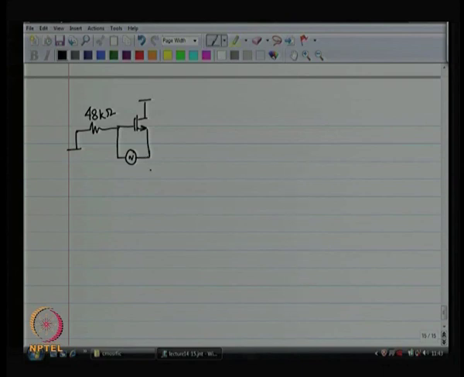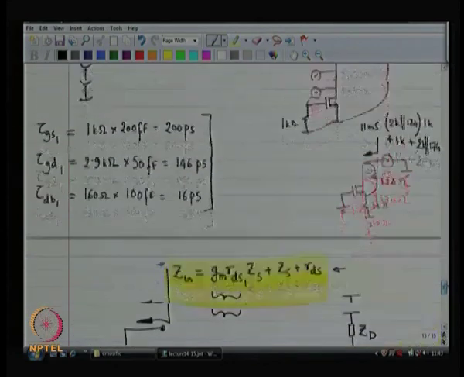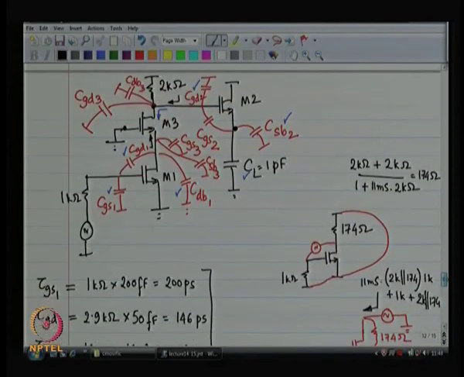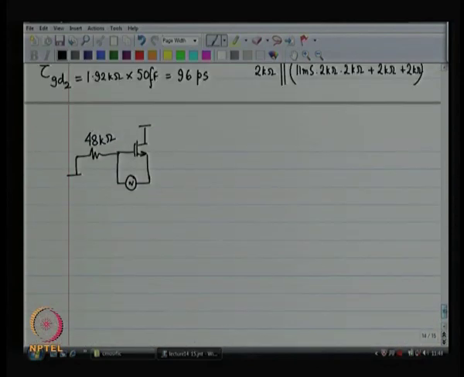Of course, you have removed CL and all the other capacitors. Yeah, nothing else is there, right. And now you dereference this particular situation.